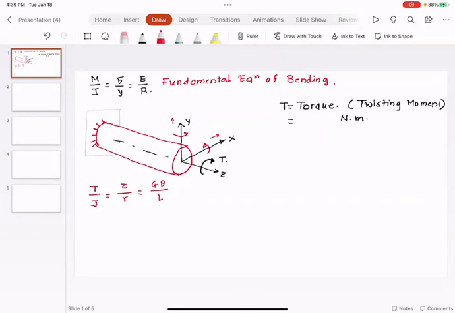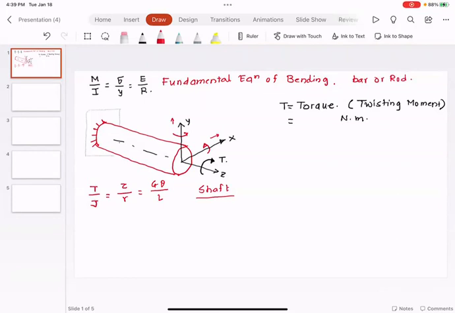Whenever you have a circular section that is subjected to torsion, it is called a shaft. Whenever you have a circular section that is subjected to bending, it is called a bar or rod. So torsion is for shafts.